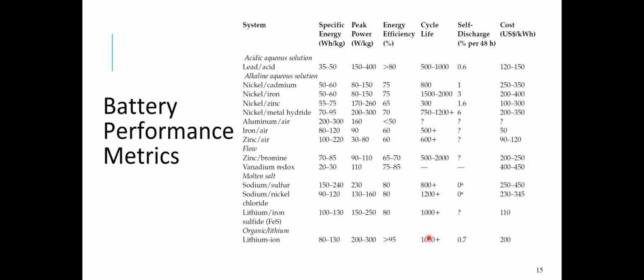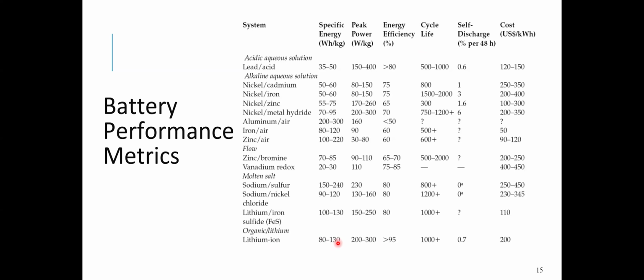Well, it has a very good life cycle, very good round-trip efficiency, and very good energy density. This table is fairly old, so these numbers are much higher now, actually. This technology has advanced significantly in the last 10, 20, 30 years, I should say.